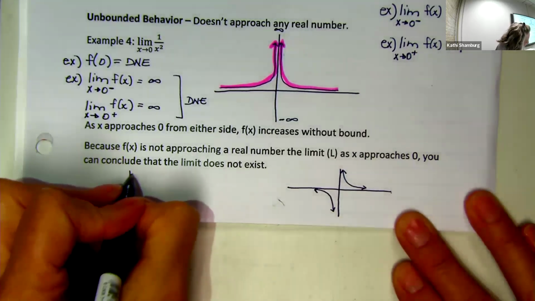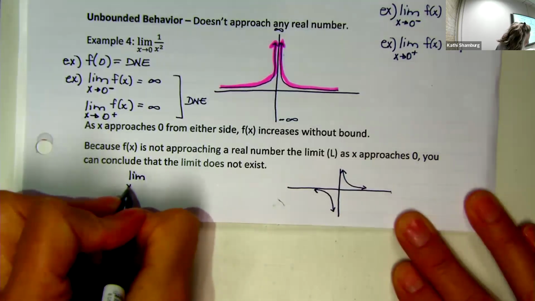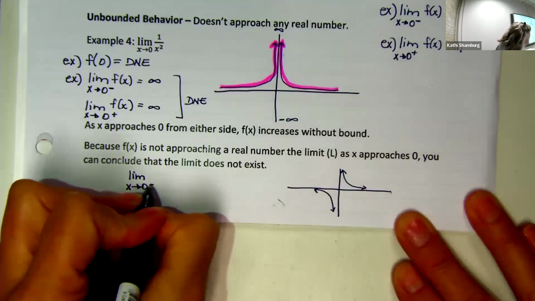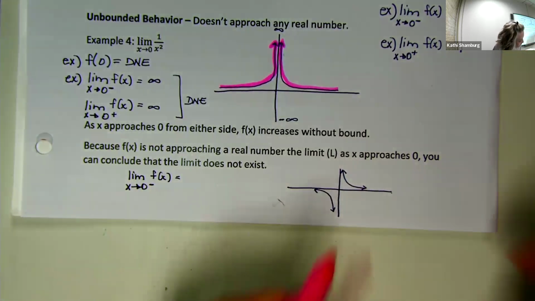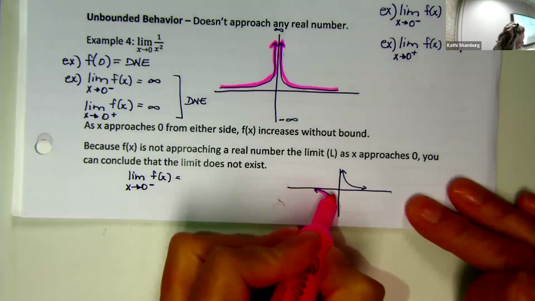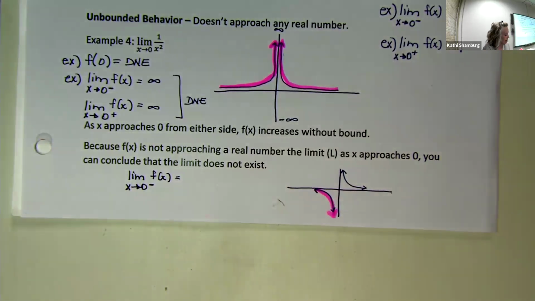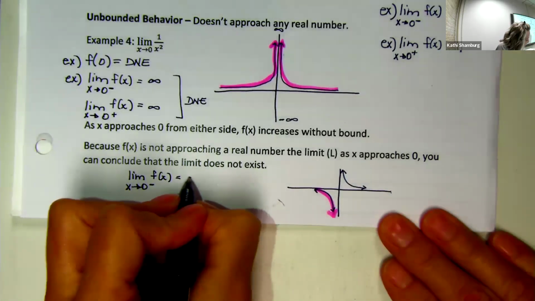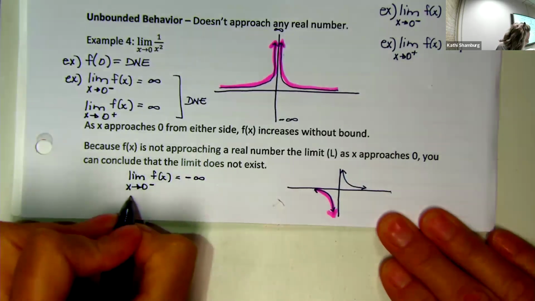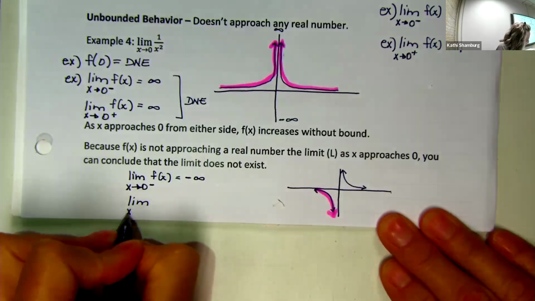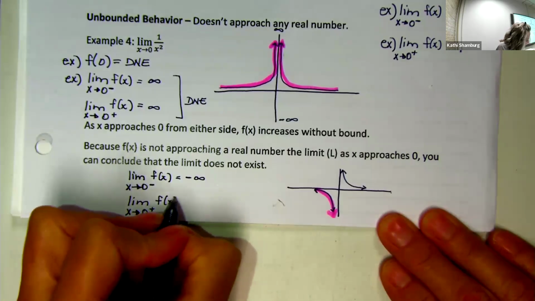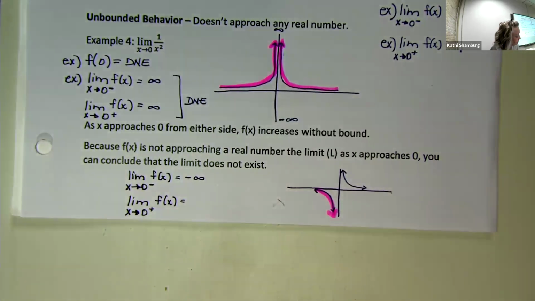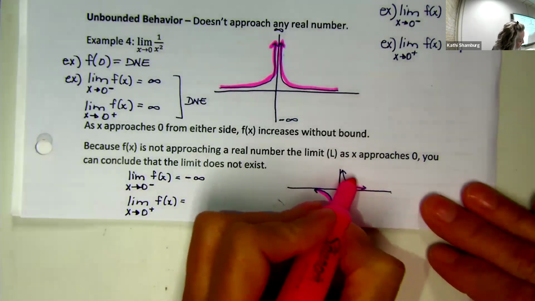If I ask for the limit as x approaches 0 from the left, in this case I would be more specific and say what? Negative infinity. The limit as x approaches 0 from the right would be what? Positive infinity.